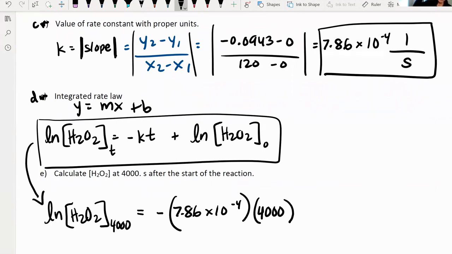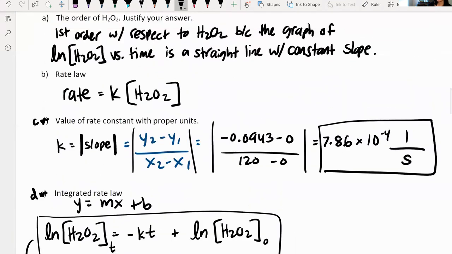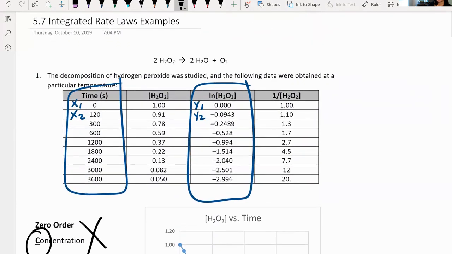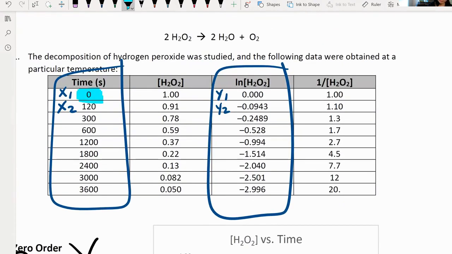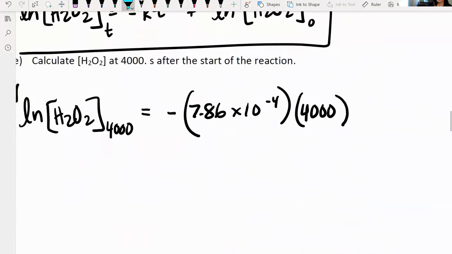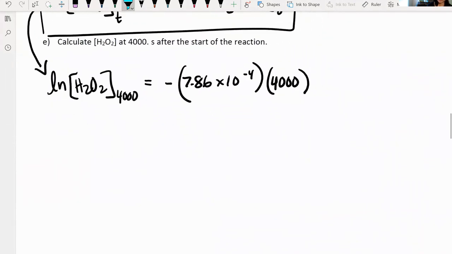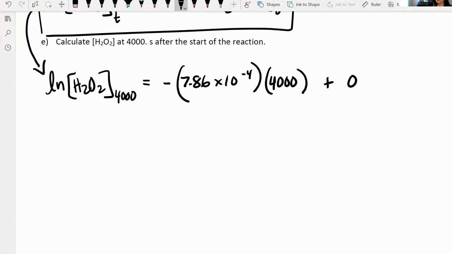If you scroll up to your data table, you'll see the first thing underneath the natural log at time 0. Natural log of the concentration is 0. I'll scroll up and show you right here. At time 0, the natural log is 0 for this reaction. So the 0 is what I'm plugging in for the natural log at time 0. Okay, so plus 0.